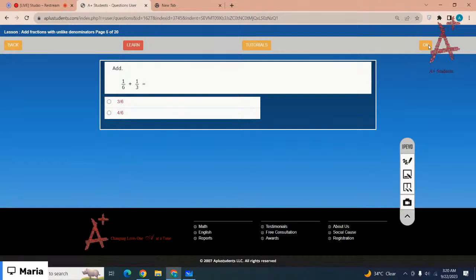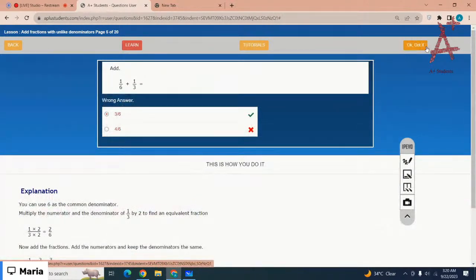Okay, 1 by 6 plus 1 by 3, which is the correct option? The correct option is 4 over 6, right?